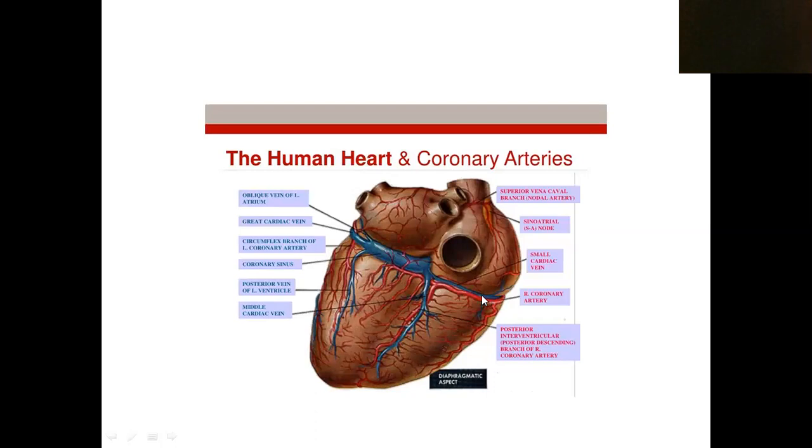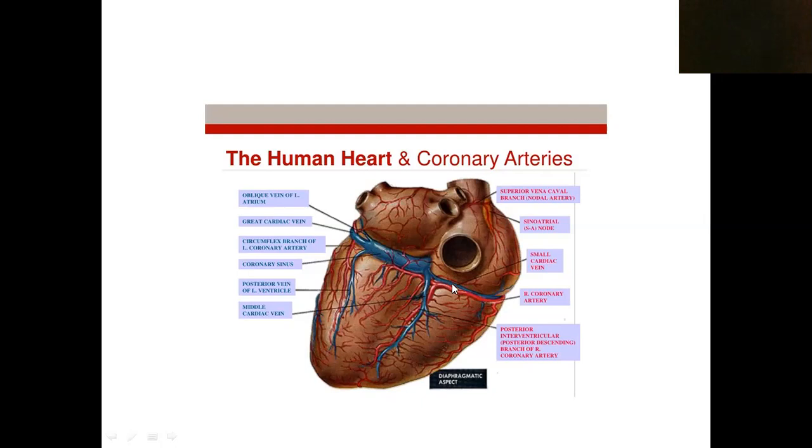Then after that it runs through the posterior right coronary sulcus and reaches the upper part of the posterior interventricular sulcus, where it joins with the opposite side artery, means it joins with the left coronary artery.